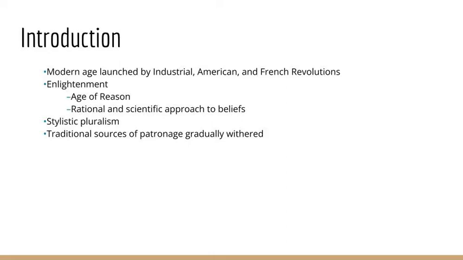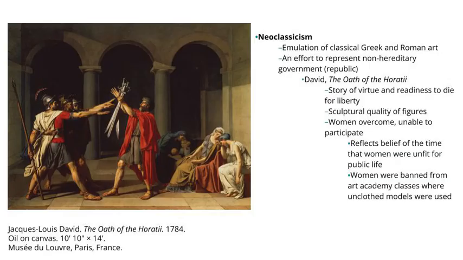It wasn't like a very clear, first there's Baroque and then there's Rococo, but instead everything starts to overlap and pick and take pieces from each other and mix together. And also, the traditional sources of patronage gradually withered. So the way that artists ended up being paid for their work became more like what it is now, where you seek gallery representation.